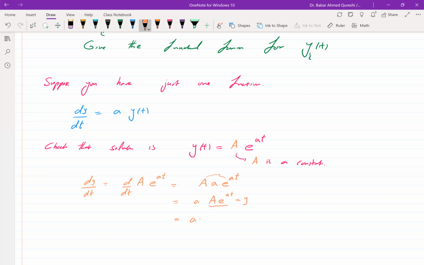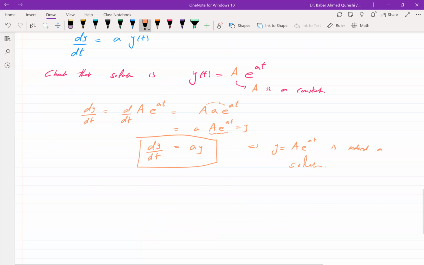So it is equal to ay. So I have reproduced my equation. So that means y is equal to A e to the a t is indeed a solution.